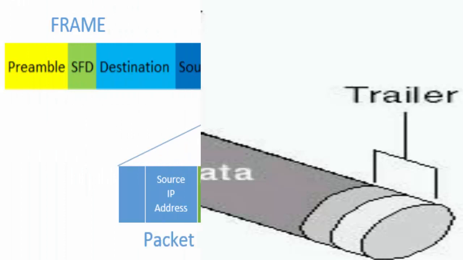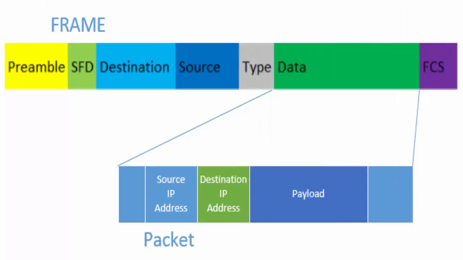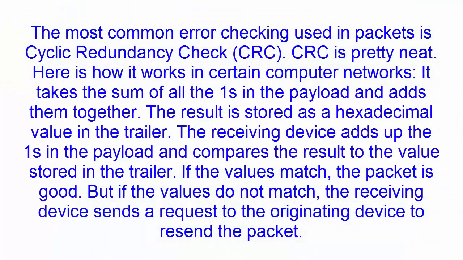Trailer. The trailer, sometimes called the footer, typically contains a couple of bits that tell the receiving device that it has reached the end of the packet. It may also have some type of error checking. The most common error checking used in packets is cyclic redundancy check, CRC. CRC is pretty neat. Here is how it works in certain computer networks.